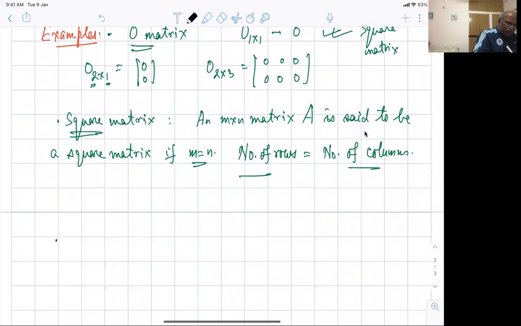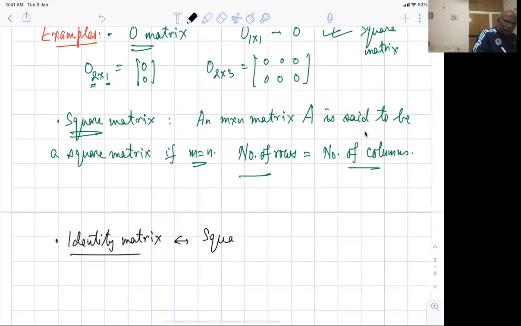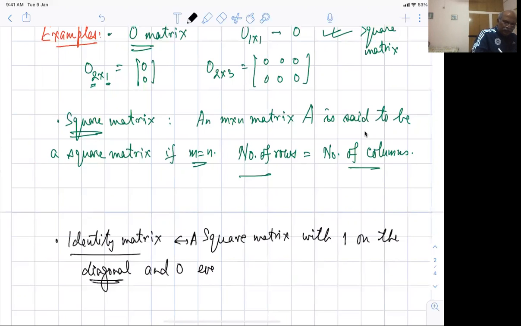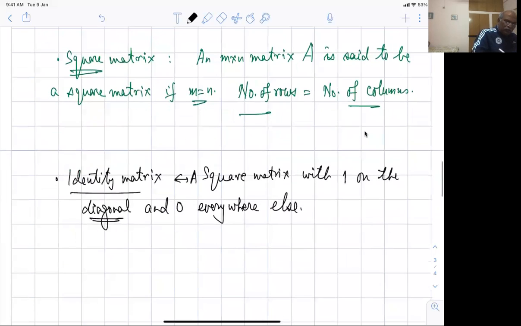Then there's the notion of what is called the identity matrix. An identity matrix is a square matrix with one on the diagonal, and 0 everywhere else. I've not yet said what the diagonal is, I'll have to say that.